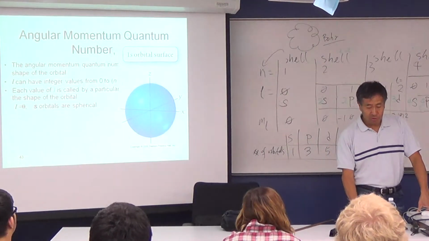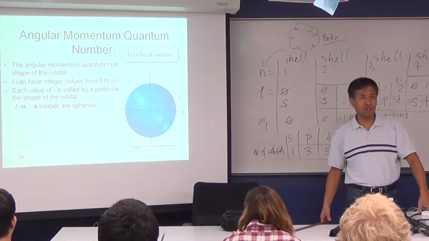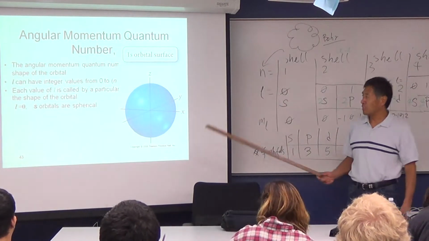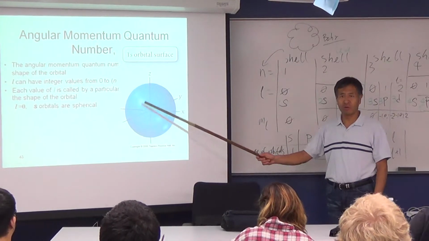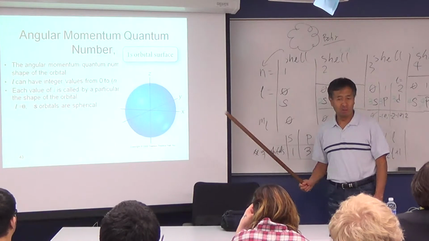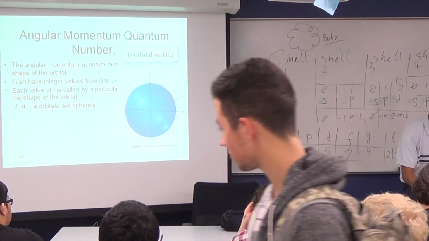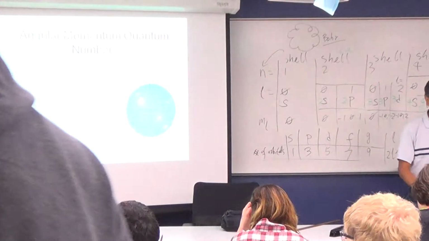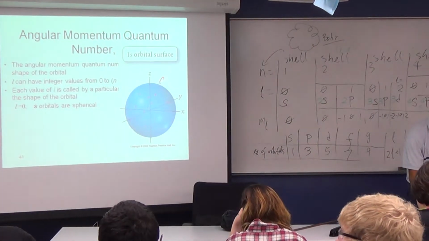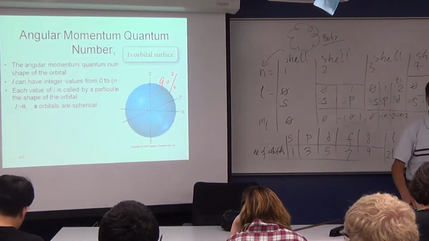That is what the s orbital looks like. The s orbital looks spherical, and this is where the electron is most of the time, because this is 90% of the time.